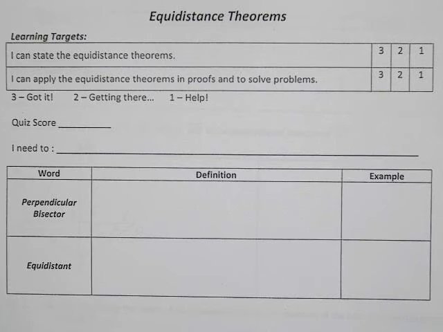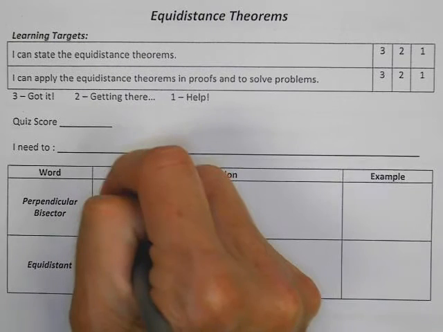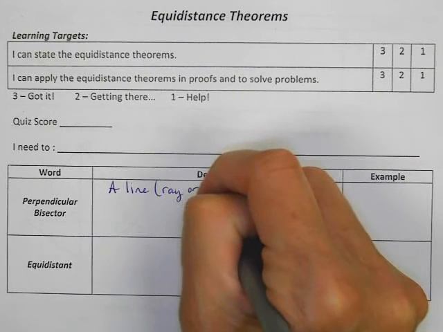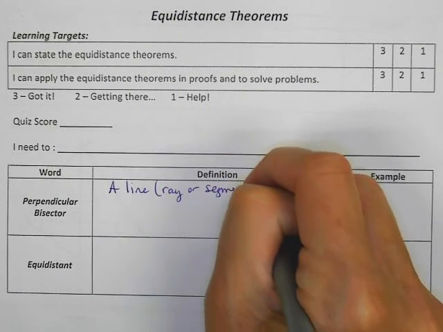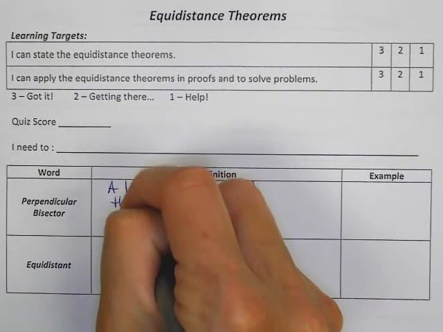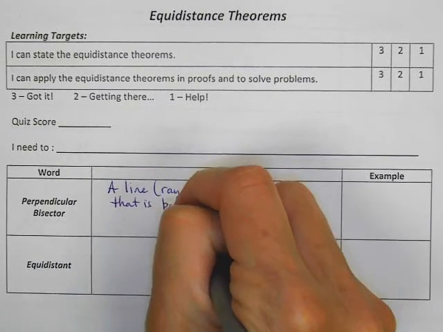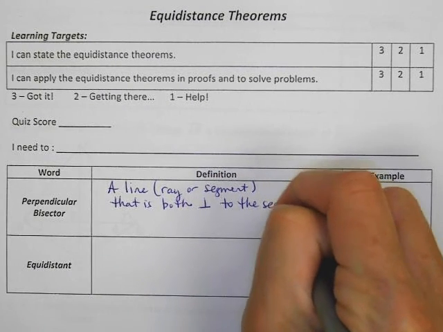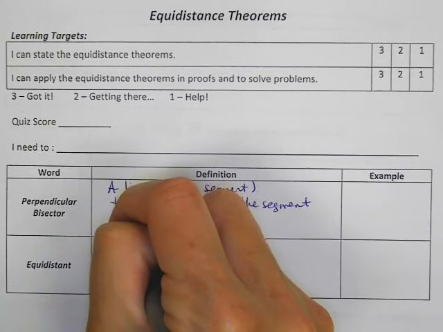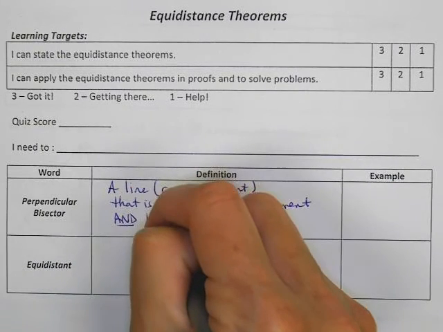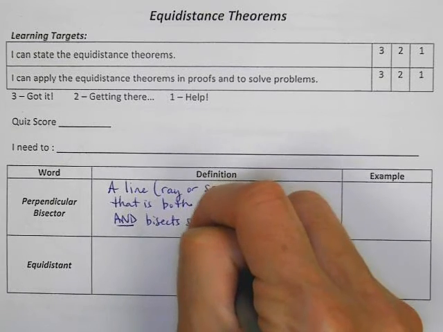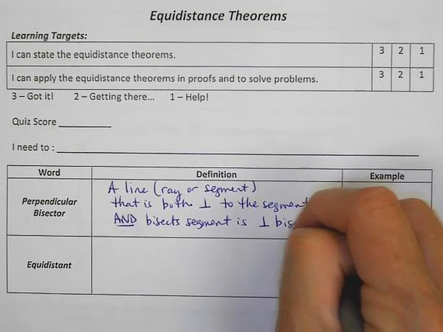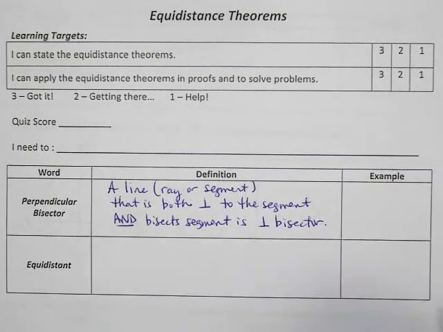As you might expect, a line, or technically it could also be a ray or a segment, that is both perpendicular to the segment and bisects the segment is a perpendicular bisector. So we're kind of coupling two ideas together.